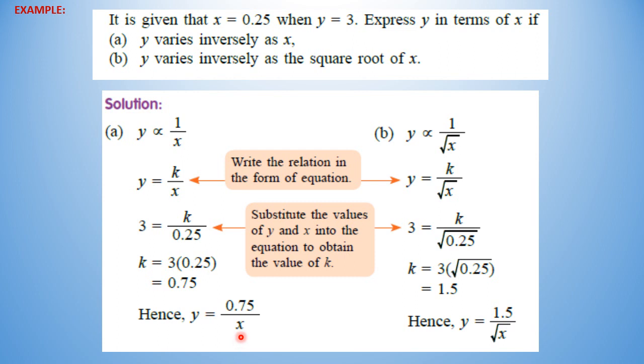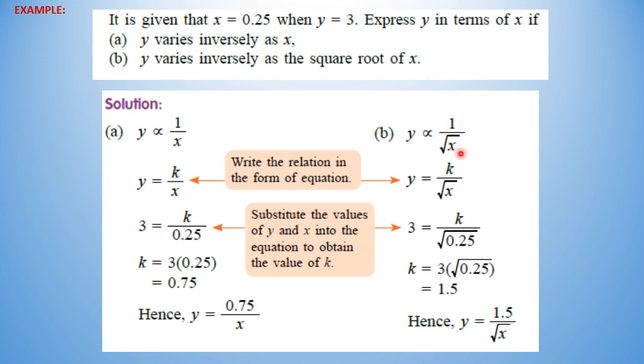After that, we look at b. The first step is also the same: you have to write the variation relation. Y varies inversely, that means 1 over, and then the square root of x, following the instruction.